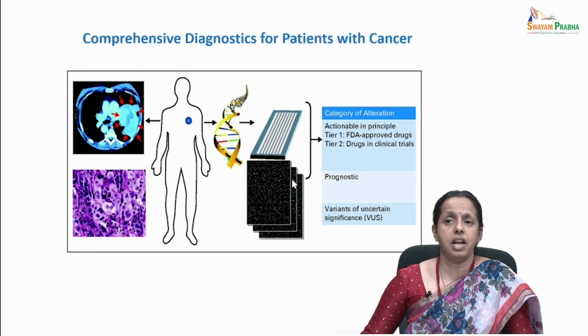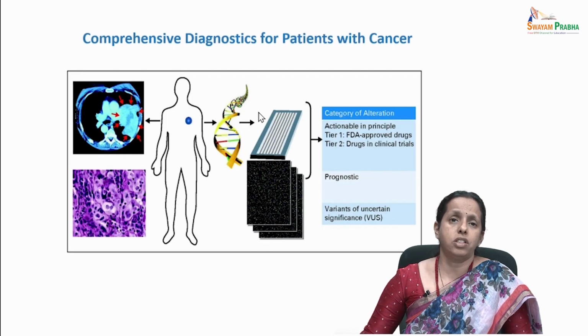And third, present an annotated list to the treating oncologist. After you profile this particular tumor, it should be presented to the treating oncologist, based on which they will design the treatment strategies.